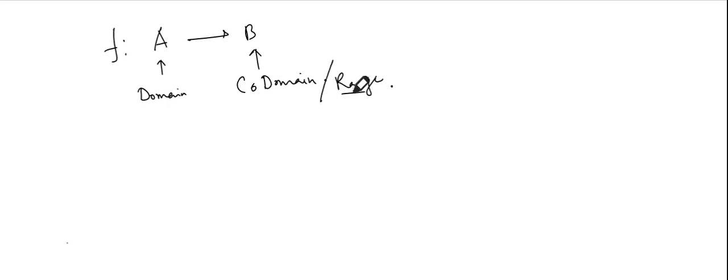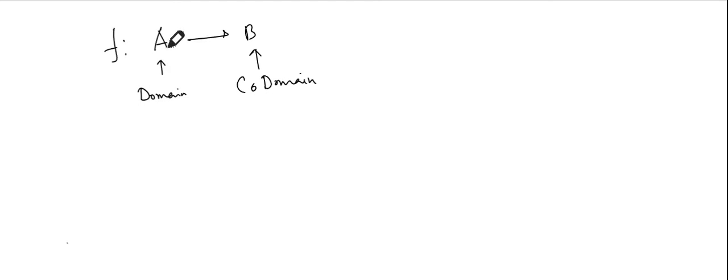But we will see in our problems that the range is not always the whole set B. Range may not be the whole set B. So we prefer to say A is the domain and B is the codomain.